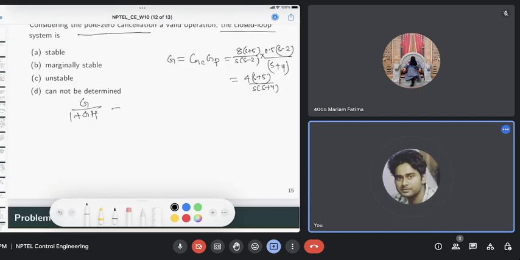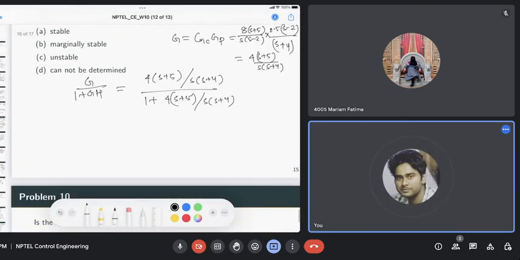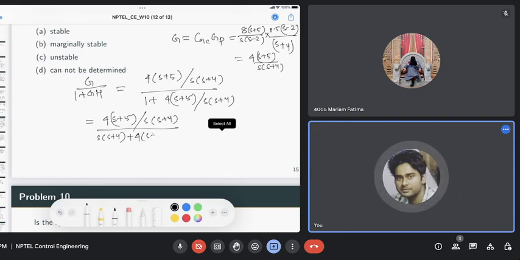So we have 4s plus 5 by s into s plus 4, divided by 1 plus 4s plus 5 by s into s plus 4, right? Just simplify this. It will be 4s plus 5 by s into s plus 4, divided by s into s plus 4 plus 4s plus 5 by s into s plus 4.